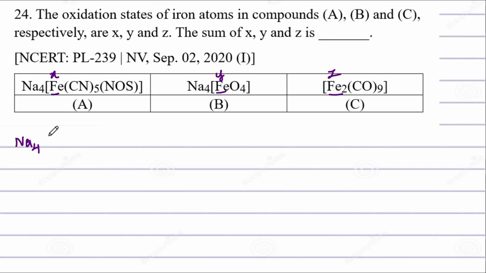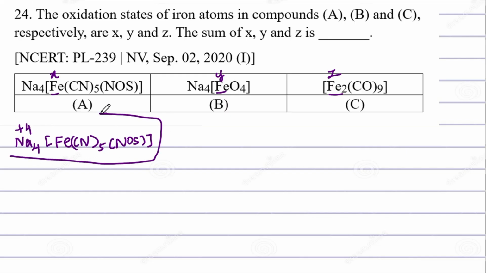In the first compound, Na4[Fe(CN)5NOS], the sodium atom is a group 1 element and will always have the oxidation state of +1, and 4 atoms are there. So overall the charge is +4.